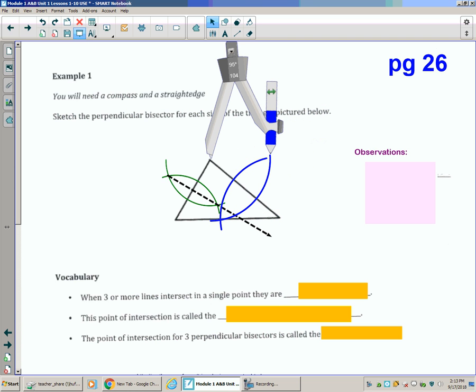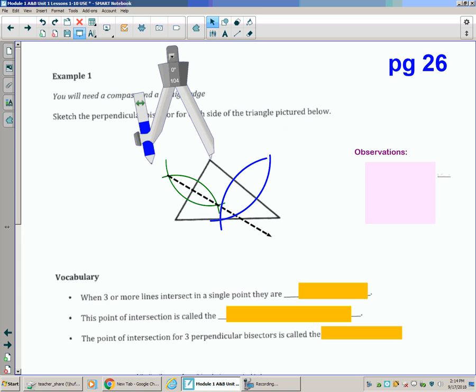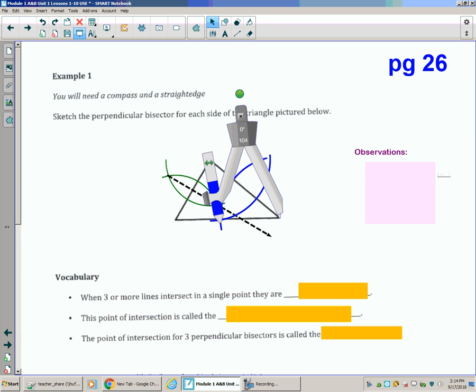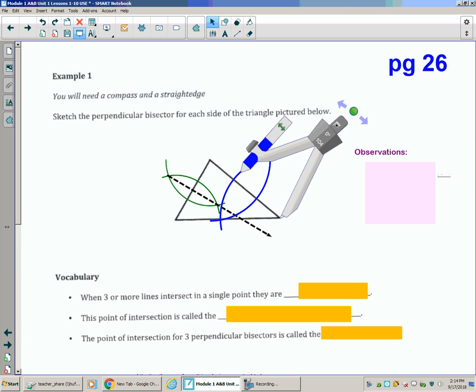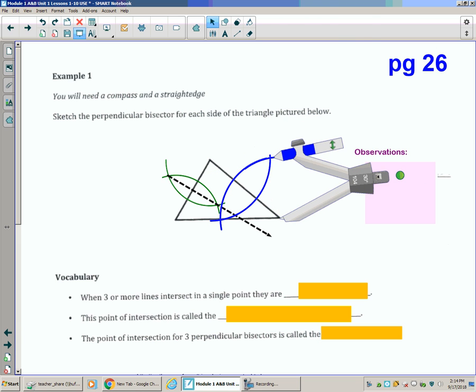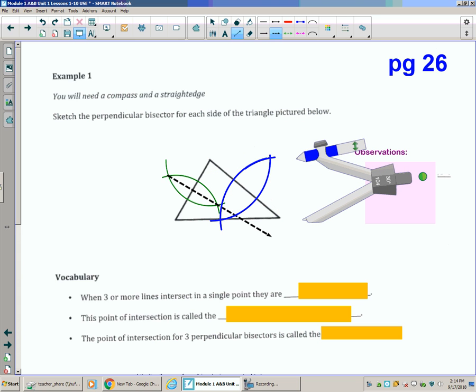And now if you look, I didn't make that first arc quite big enough. There's a little tiny space where they don't hit. So I'm just going to go back to the right endpoint and fill that in as far as I need to. Connect my 2 points here. And you can see where these two perpendicular bisectors meet.